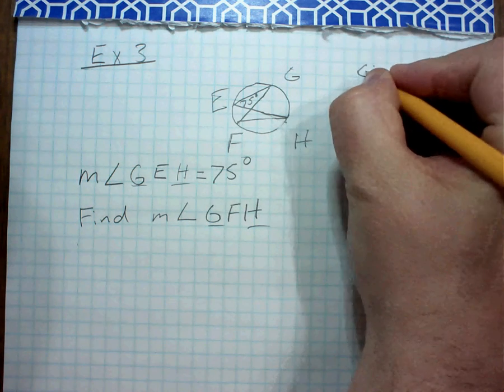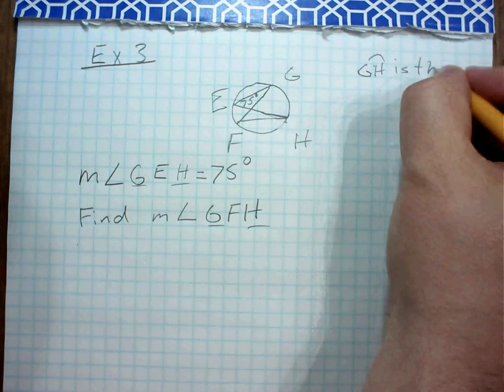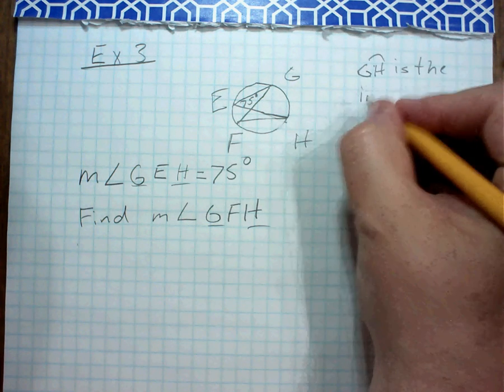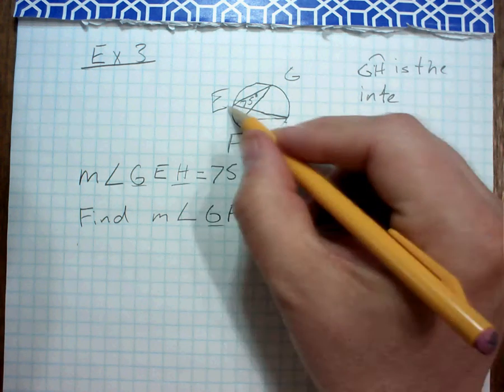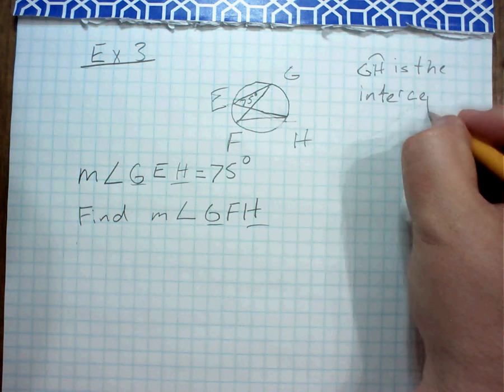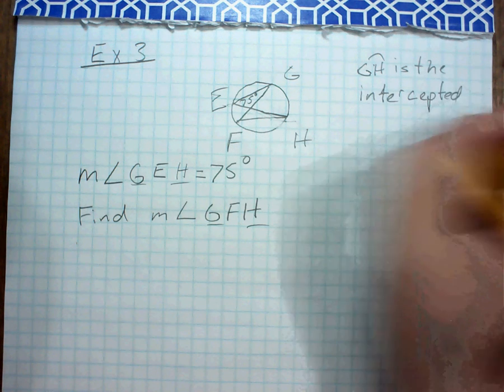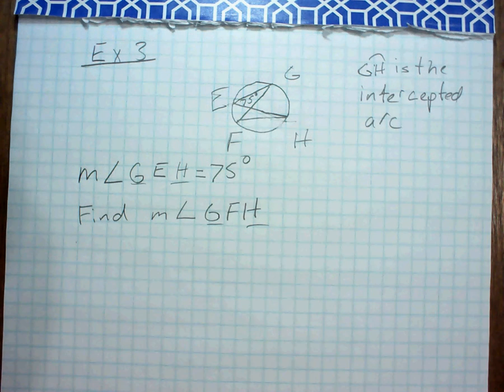GH is the intercepted arc. That means that's where it crosses. In other words, this angle, intercepted arc. If they share an intercepted arc, then their corresponding inscribed angles are congruent.